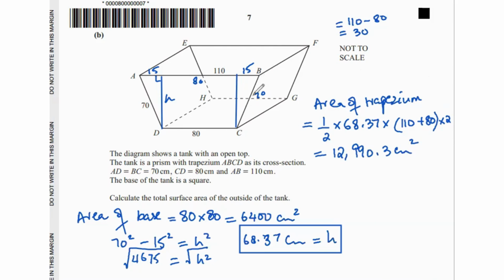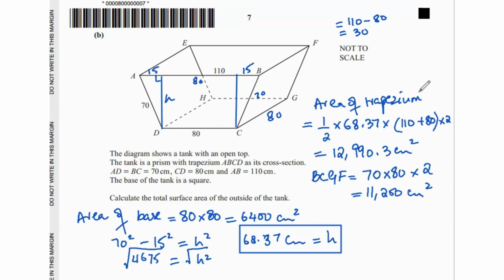Now, we have the side rectangular faces. So we know that this is 70 and this is 80. So we can do BCGF. The area of this is going to be 70 times 80. And since they're two identical faces, we times it by 2. That's going to be 11,200 centimeters squared. So we have the area of the base, we have the area of the sides and the trapezium faces.